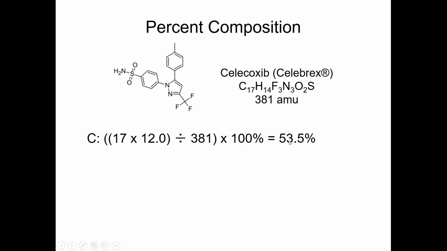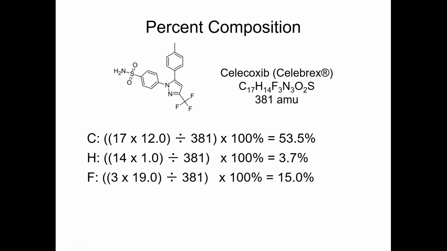That gives me 53.5% carbon. Hydrogen to 1 decimal place is 1.0 AMU times 14. Dividing by the molecular weight and multiplying by 100 gives me 3.7% hydrogen. For fluorine, it's 3 fluorine atoms times 19.0, which is the atomic weight of fluorine to 1 decimal place. Divided by the molecular weight times 100 gives me 15.0% fluorine.